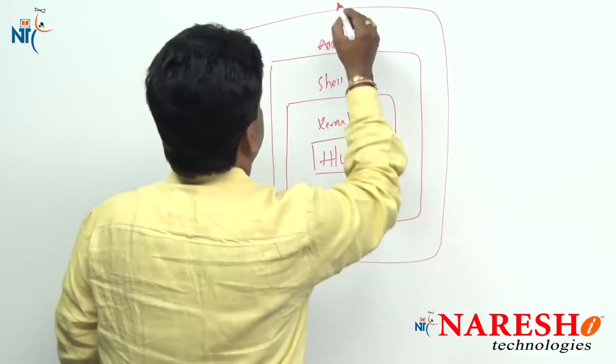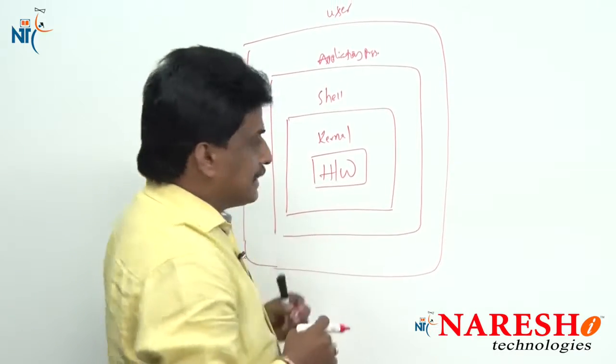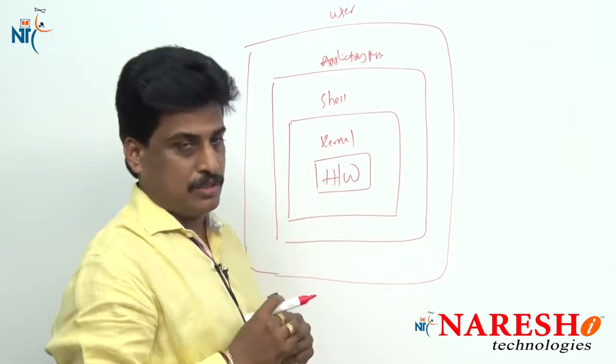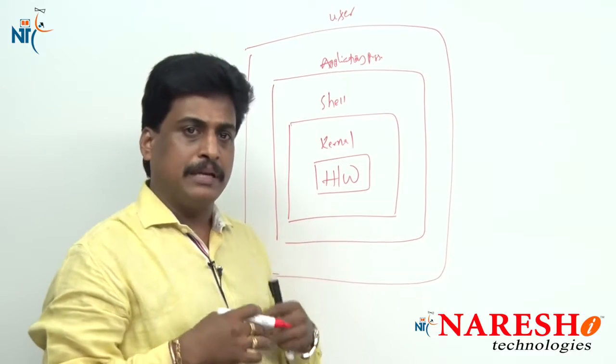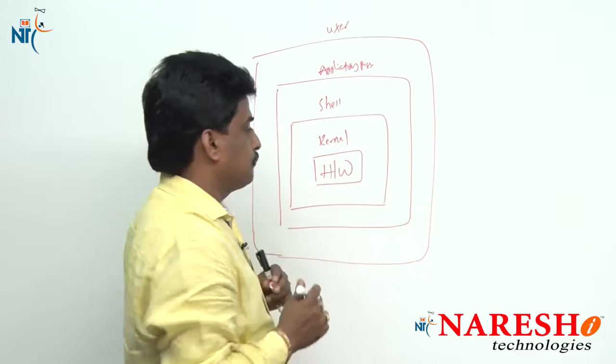On top is actually the user. This is a detailed UNIX operating system architecture in a simple way. If you search the internet, different pictures are available, which is good for understanding it in a better way.